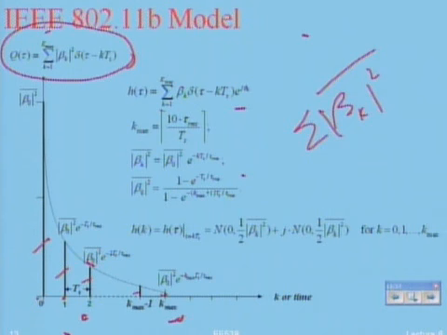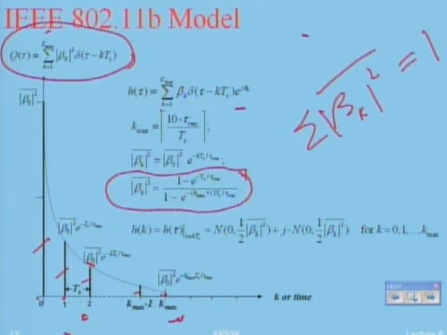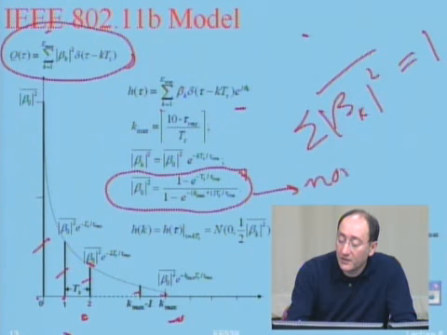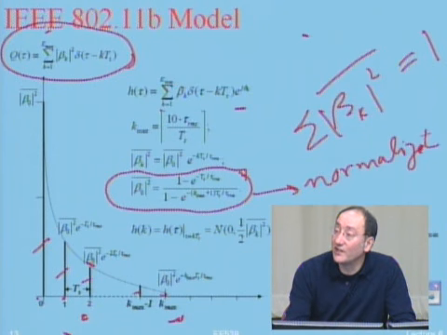And if you now assume that beta 0 equals to this, that number will be equal to 1. You follow? So this is only a normalization factor, really.